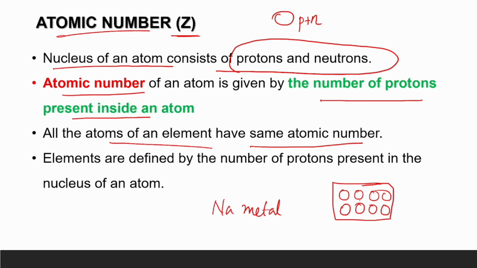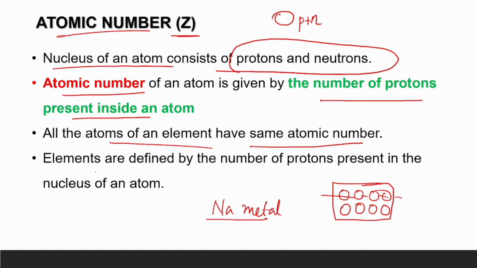Inside that, many gold atoms are there. Similarly, if you are considering sodium metal, there will be many sodium atoms present in that. So each sodium atom will have the same atomic number. That is the third point: all atoms of an element will have the same atomic number.